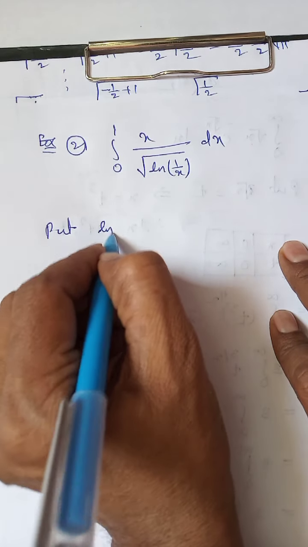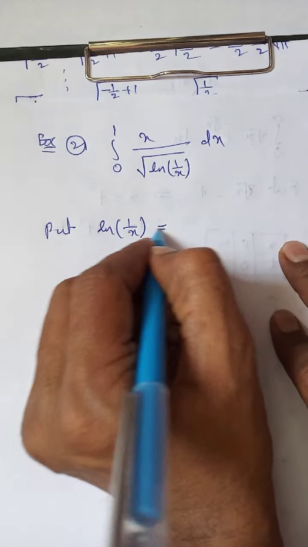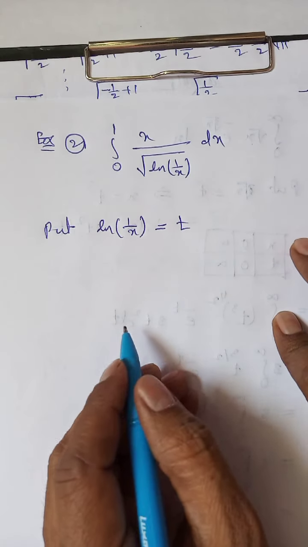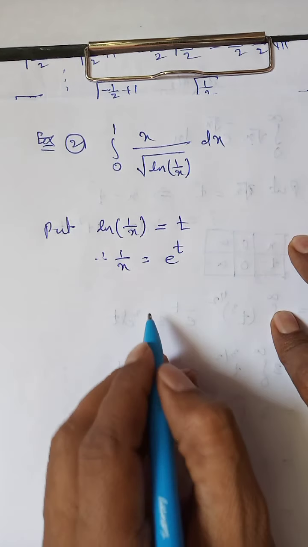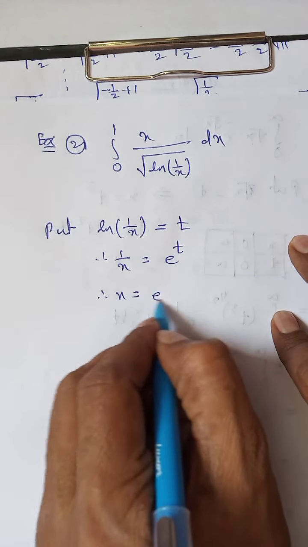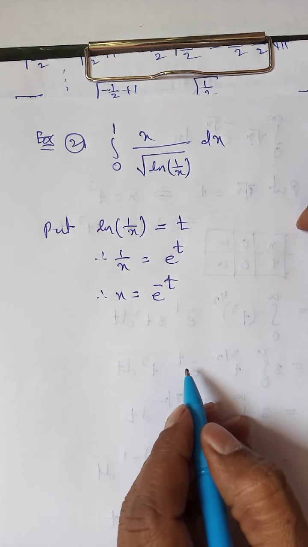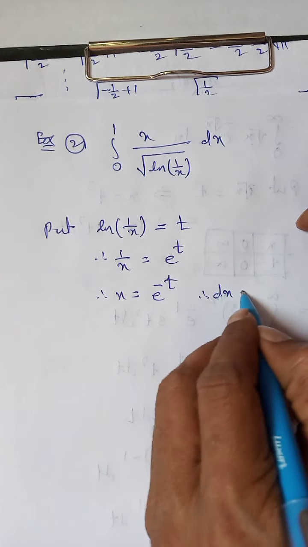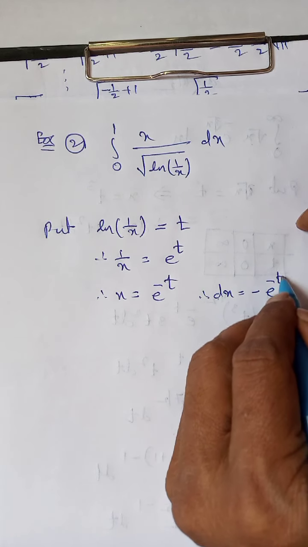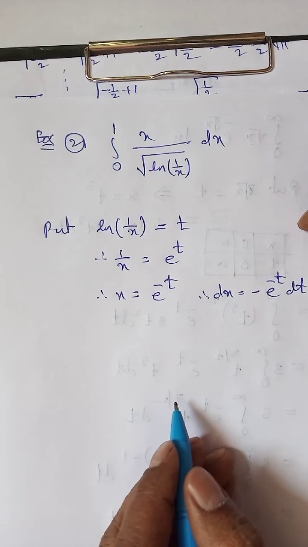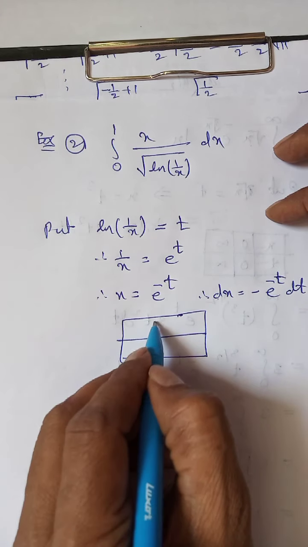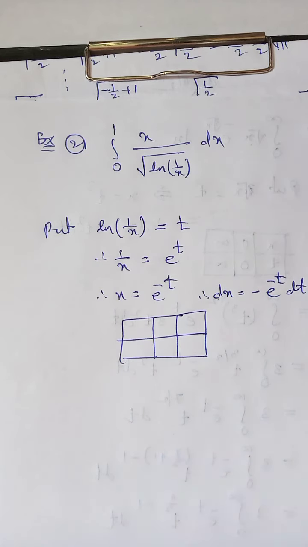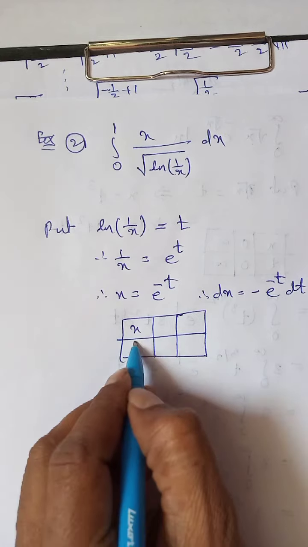We need to take this substitution. Put log 1 by x equals t. Therefore 1 by x is e to the power t, and therefore x is e to the power minus t. Therefore dx is minus e to the power minus t into dt. So see the limits simultaneously. x, t.